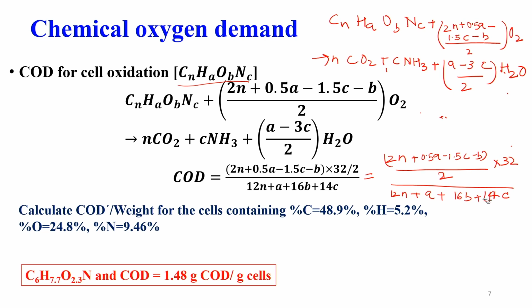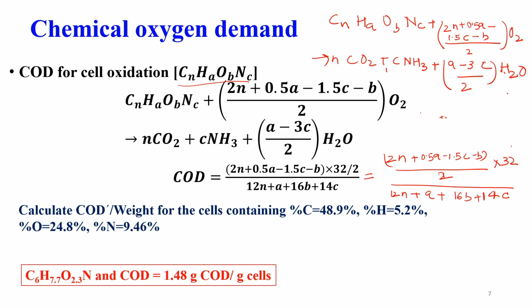So in this way one should be able to calculate the chemical oxygen demand. I have put one simple example here. The cell contains 48.9% carbon, 5.2% hydrogen, 24.8% oxygen and 9.46% nitrogen. So this is the weight percent.